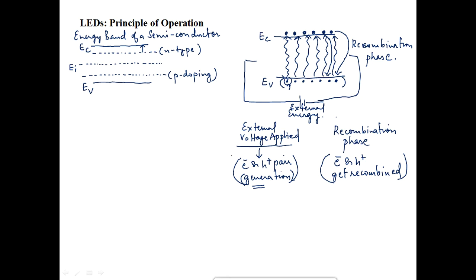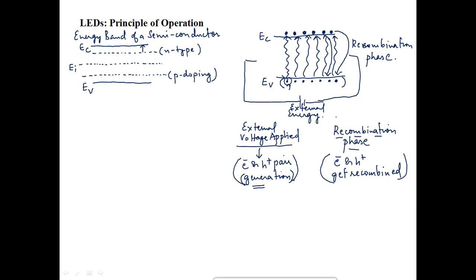So what happens during the recombination phase? The initial energy that was acquired by the electron to become unstable and jump into its higher unstable energy state has to be released.